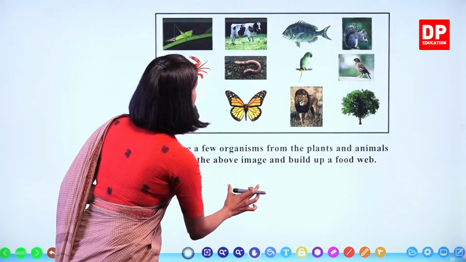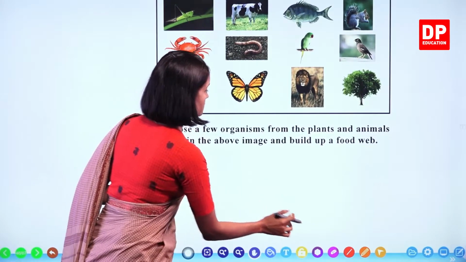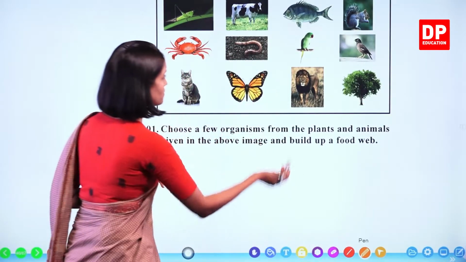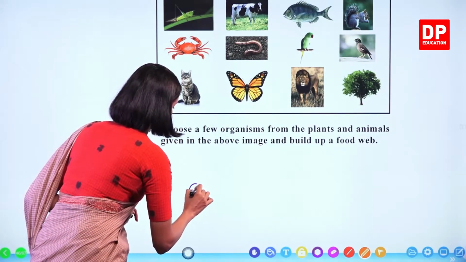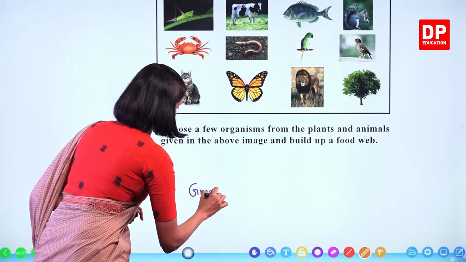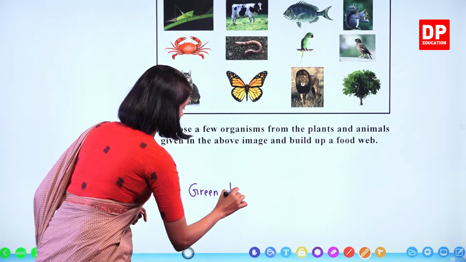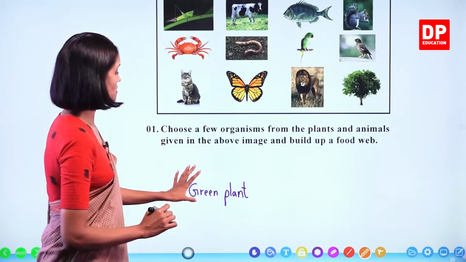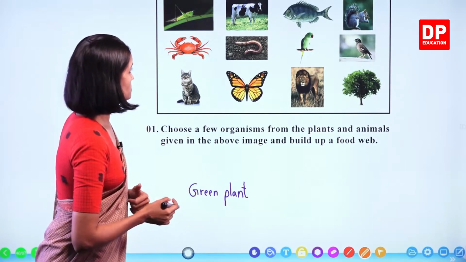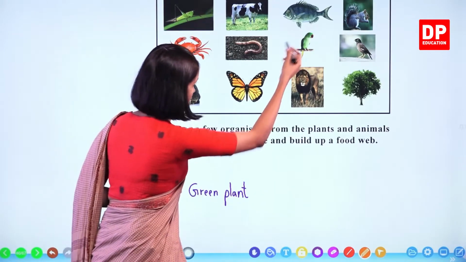We'll take this. We can always start with the green plant. Green plant, right, is the producer. Can take parrot.